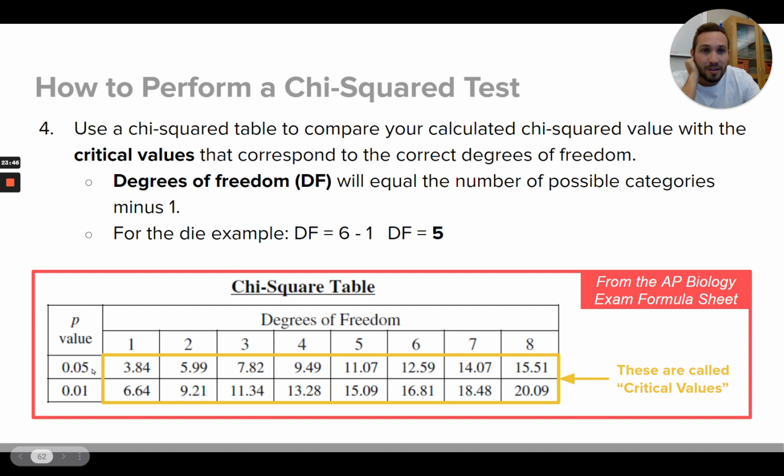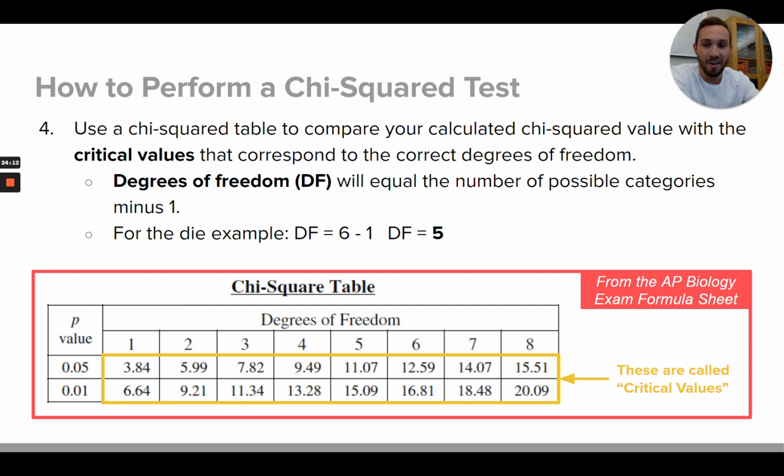So if no one's telling you which one to use, just use a p-value of 0.05. You don't have to look at 0.01. Basically, if you're using this p-value of 0.05, looking at this top number, that's going to give you 95% certainty that your data is what you think it is.